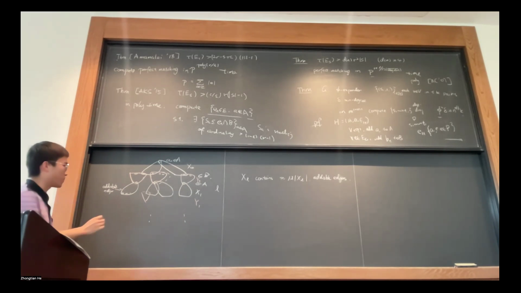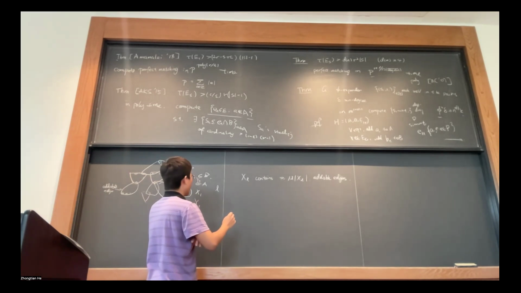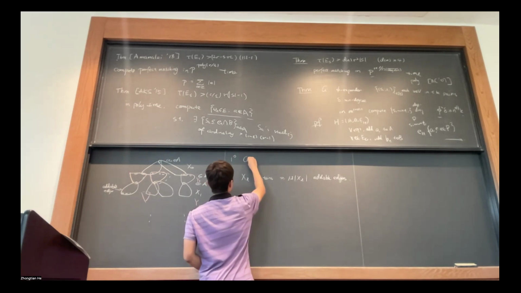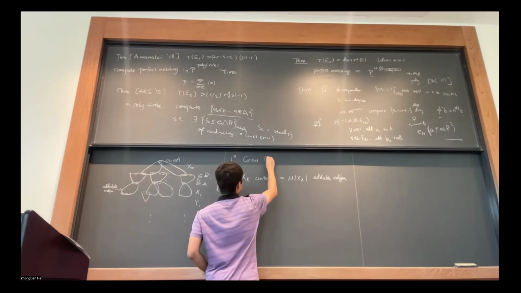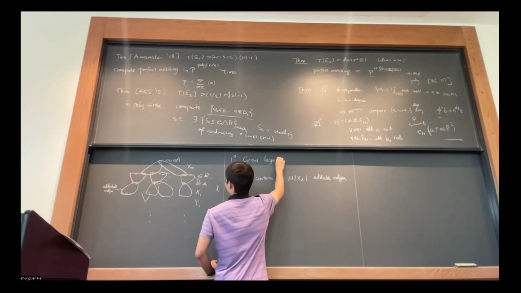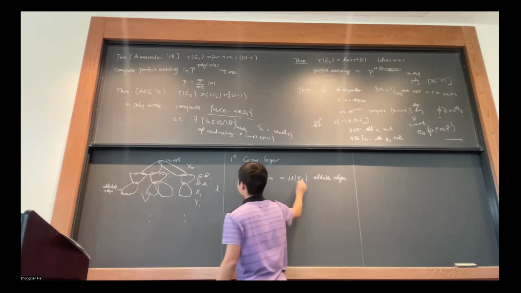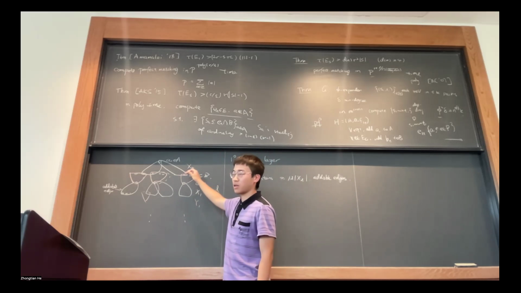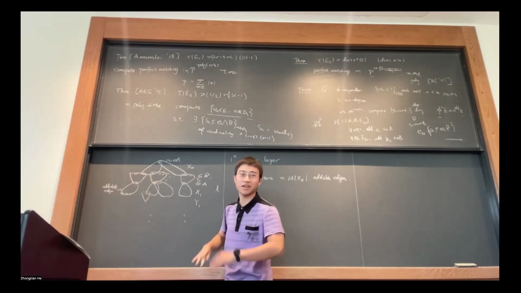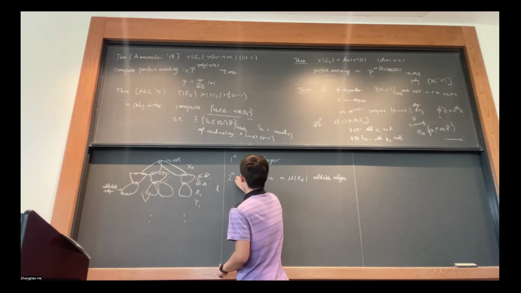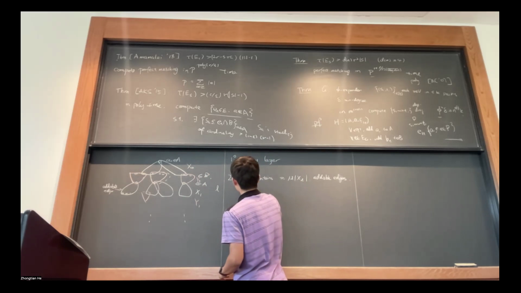There are three things you need to know. One is grow layer: when there are not that many fractional edible edges, you grow a layer and go to the next layer. Two, once this happens, we do what is called collapse tree.